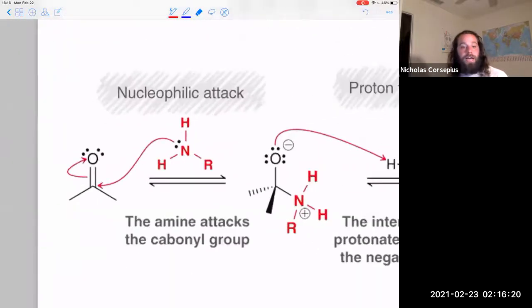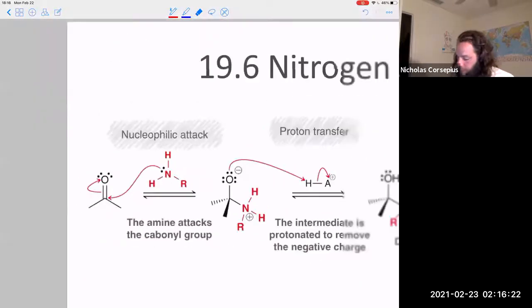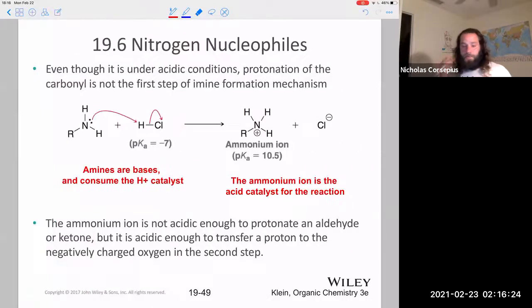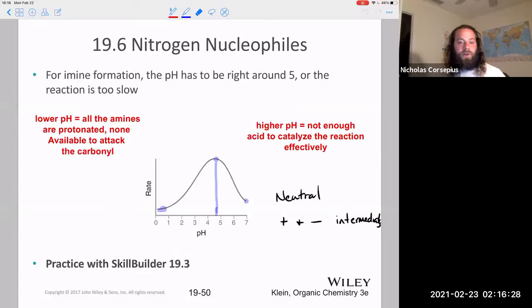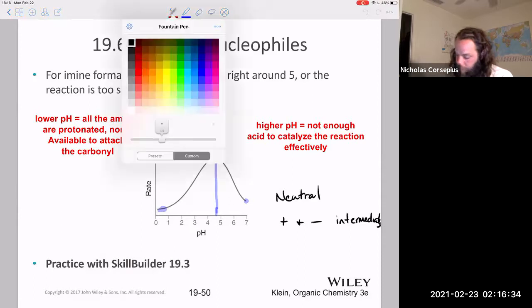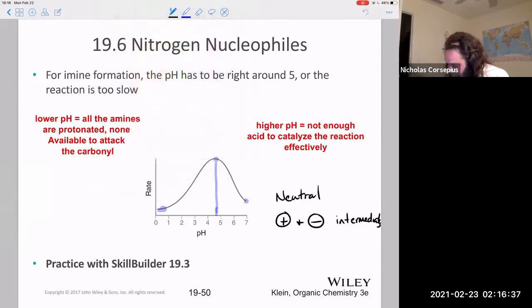It's not a good enough nucleophile. So again, these reactions have to take place with your pH in that perfect region between 4 and 5, which we're going to call a neutral reaction mechanism, meaning that you're allowed to have both positive and negative and of course neutral intermediates.